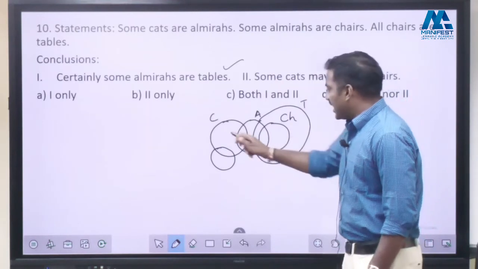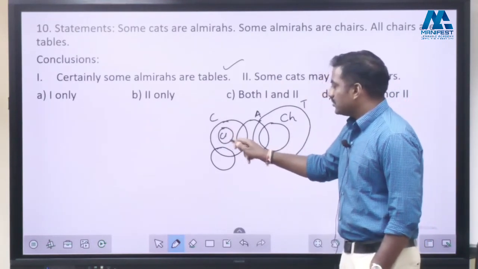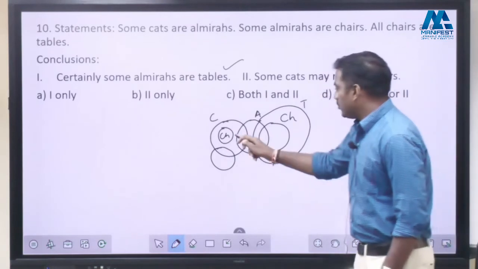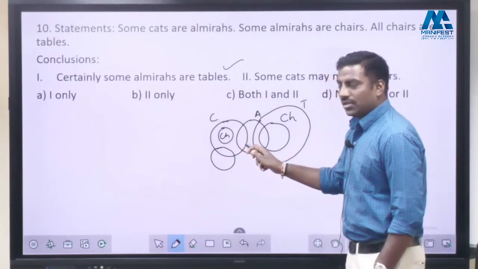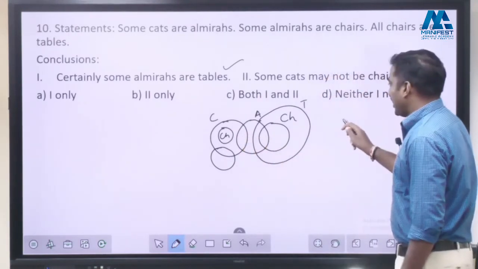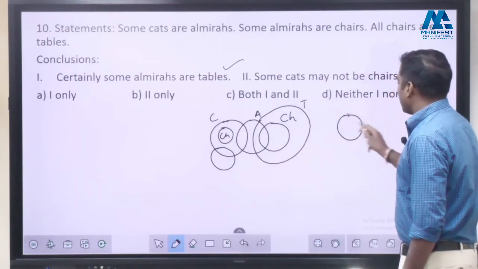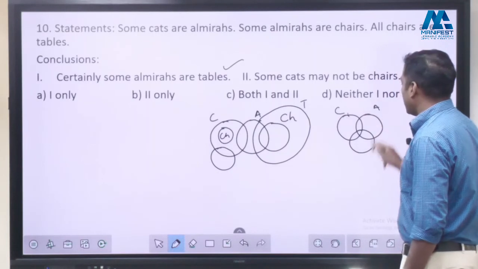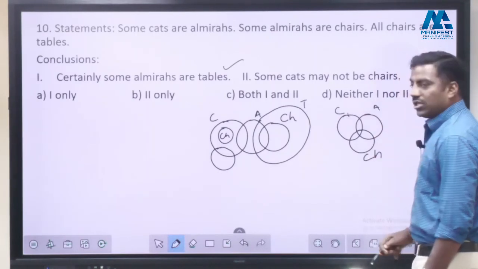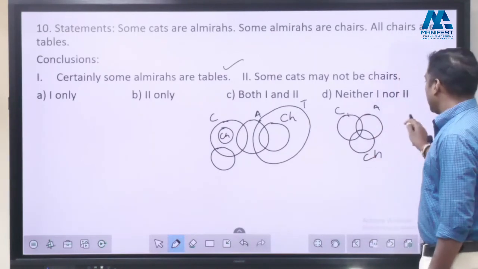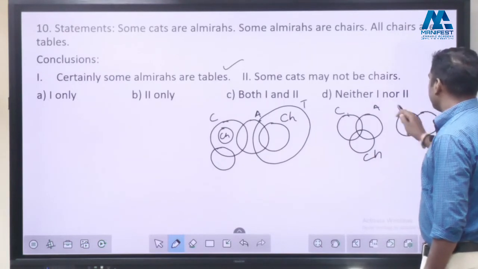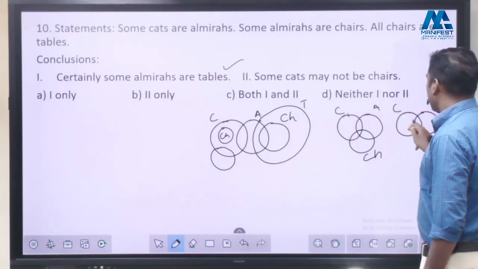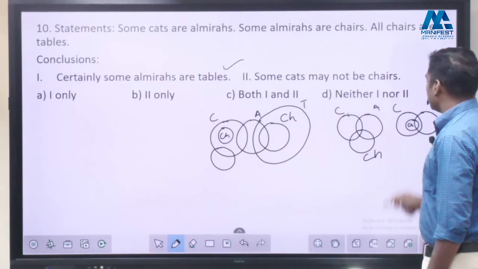I can put chair inside cat also. But there has to be a connection between what? This one. So, if you take the cat's almira and chair, you can draw this diagram. Then cat's almiras and chairs, you can draw this diagram also.